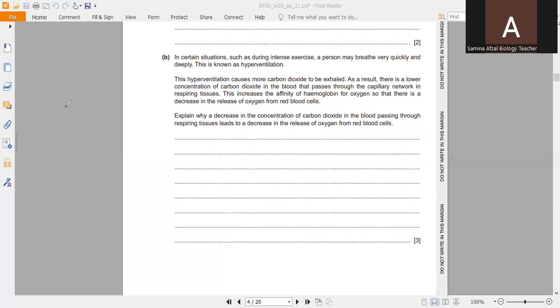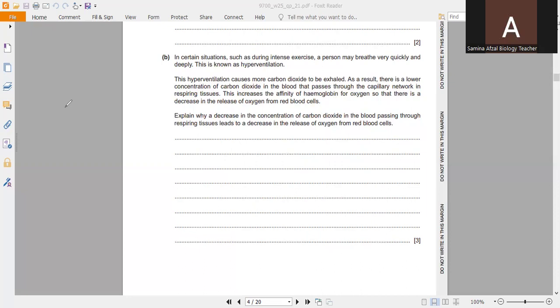As a result, there is a lower concentration of carbon dioxide in the blood that passes through the capillary network in respiring tissues. This increases the affinity of hemoglobin for oxygen so that there is a decrease in the release of oxygen from red blood cells. Explain why a decrease in the concentration of carbon dioxide in the blood passing through respiring tissues leads to a decrease in the release of oxygen from red blood cells.